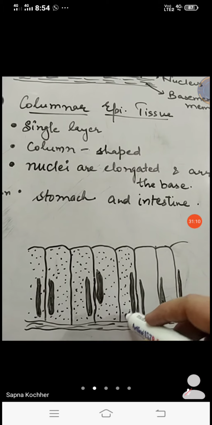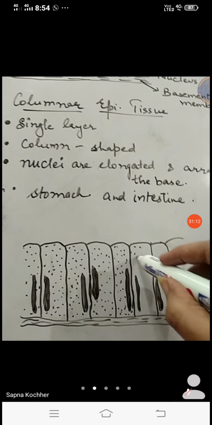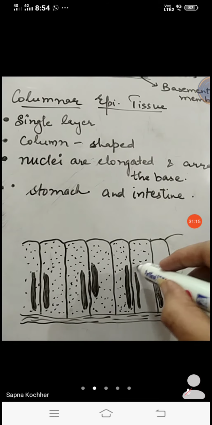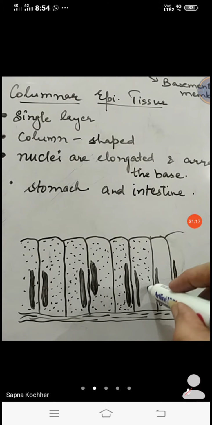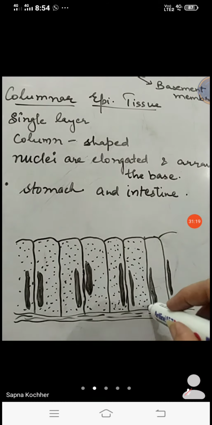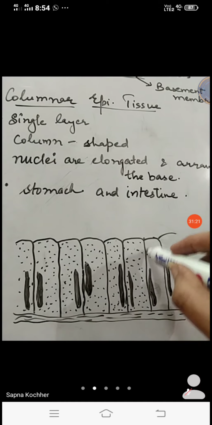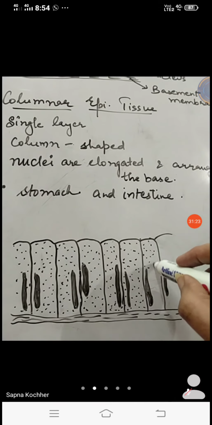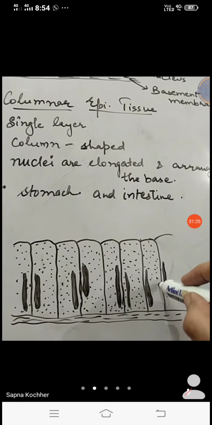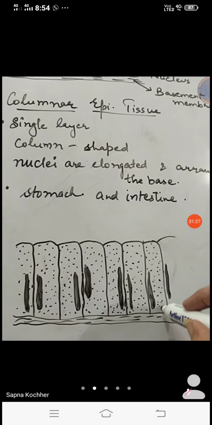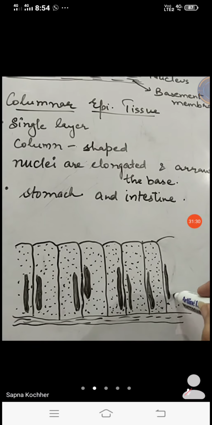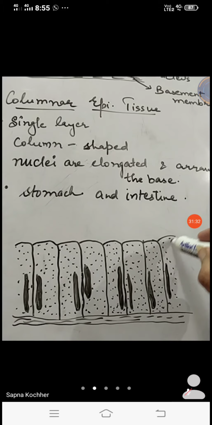That is the fourth category of the epithelial tissues, the fourth category of simple epithelium. And if they are having the glands also, then they are called glandular epithelium. That will be the fifth category. So we'll be doing that fifth and the fourth category with regard to the columnar and cuboidal epithelium only.